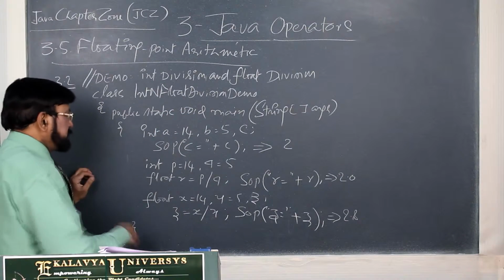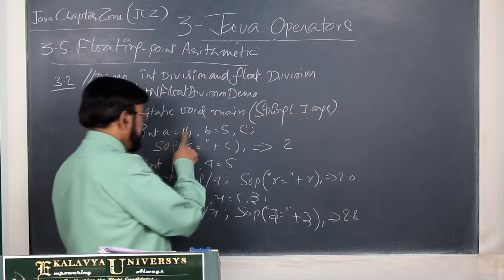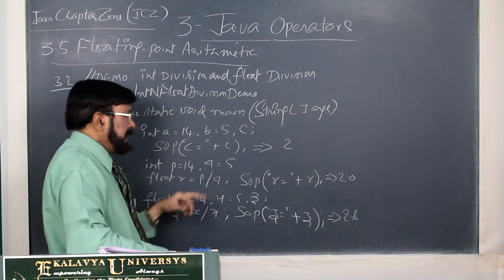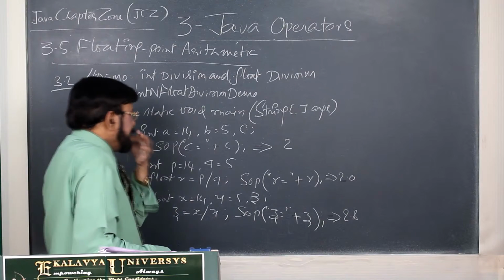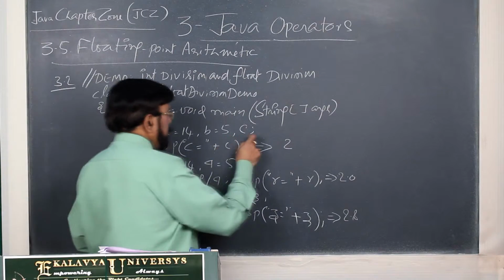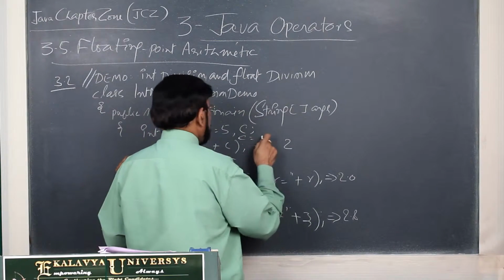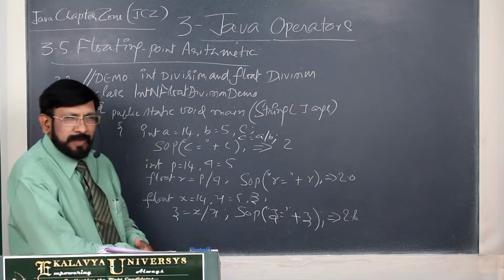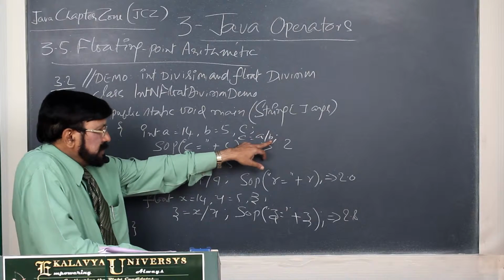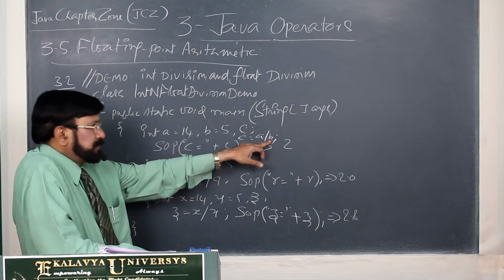Now you see this code, int a 14, b 5, c also int. So here what we are doing, c is equal to a by b. That is, we are making the integer division.